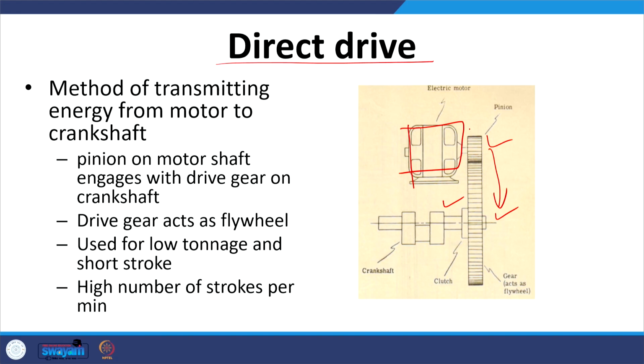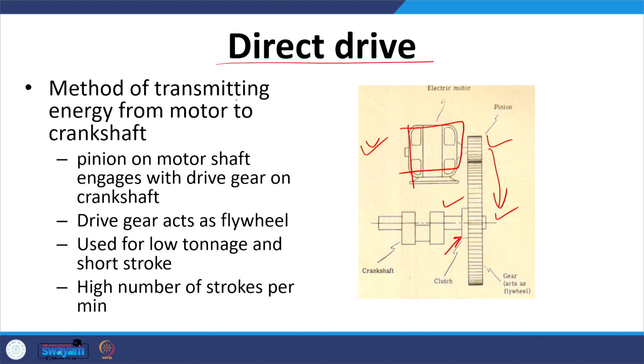So, they are rigidly connected, but here we may have a clutch to start and stop the operation, but this kind of direct drive system causes back thrust during the operation and direct loading onto the electric motor.